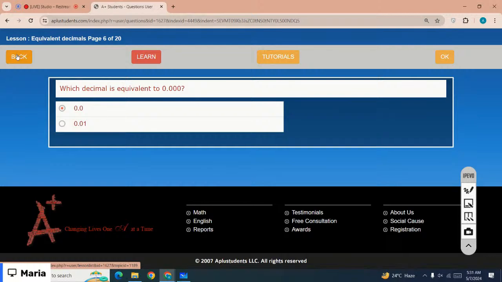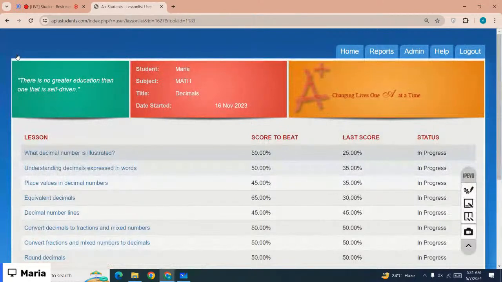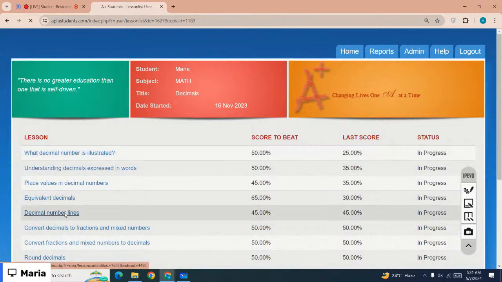The next lesson is decimal number lines. Let's just start with the next lesson, that is decimal number lines.